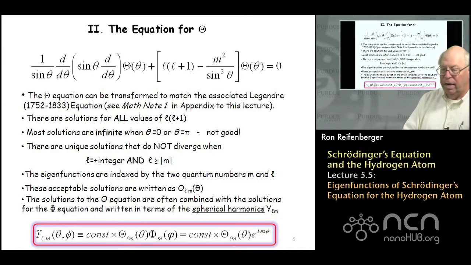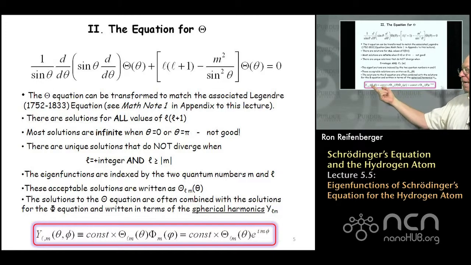It's also, in the literature, you'll find that the solutions for the first differential equation, capital phi, and the solution for the second differential equation, capital theta, are often combined into one quantity. So you'll find very often that these two solutions are combined to give you a quantity that's known as the spherical harmonic.